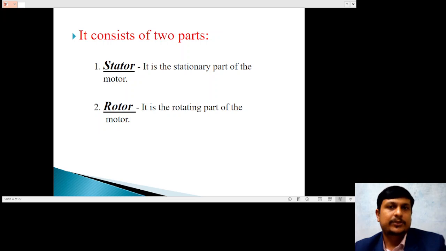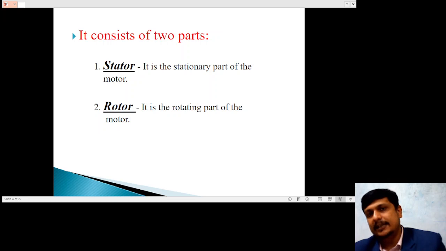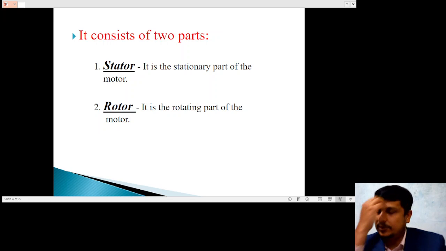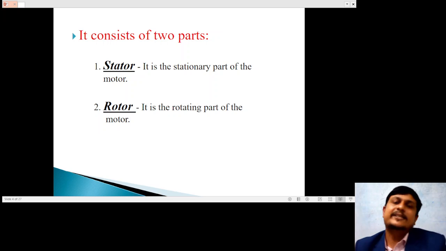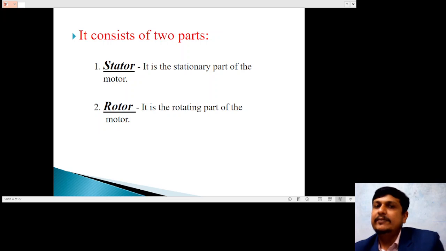If we talk about the construction, like other rotating machines, like the DC machines we studied in the previous semester, there are two major parts: first a stator, second a rotor. The stator is the stationary part of the machine, and the rotor is the rotating part. But if you compare a DC motor with an induction motor constructionally, what is the major difference?